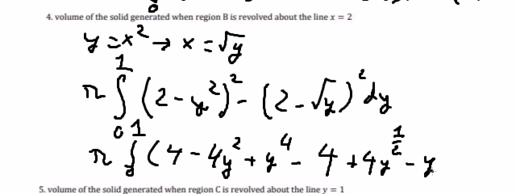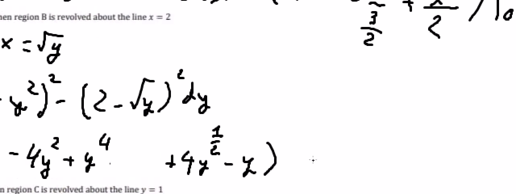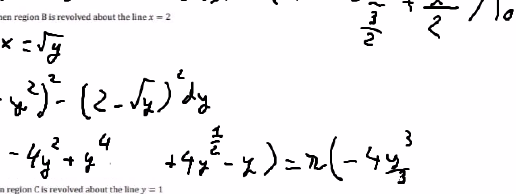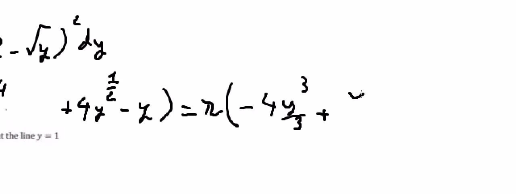This is minus y. 4 with minus 4, they will cancel. So we got the final answer. This one you got about negative 4y to the power of 3 over 3. This one you got about y to the power of 5 over 5.